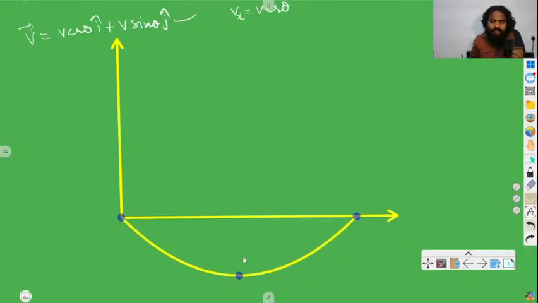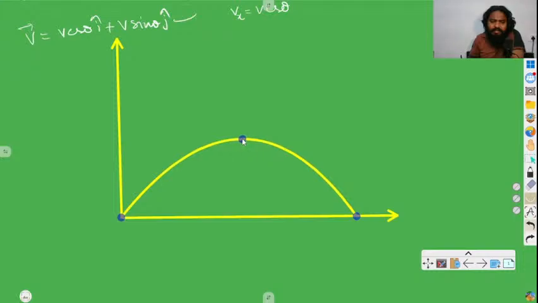Okay, so this is the path of the projectile. The path of the projectile is called trajectory. What is trajectory? The path of the projectile is called trajectory, right?